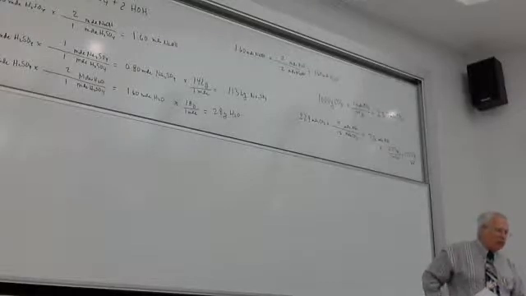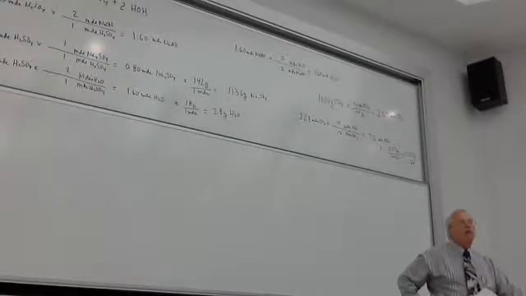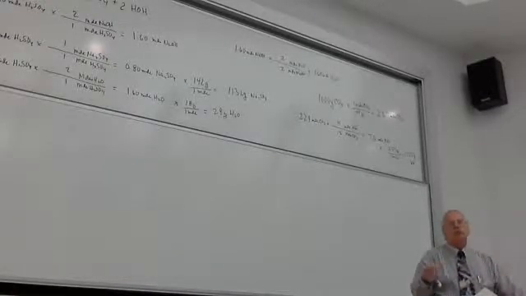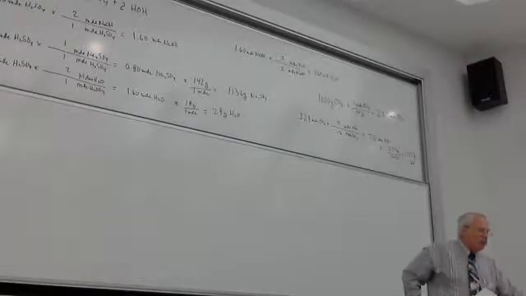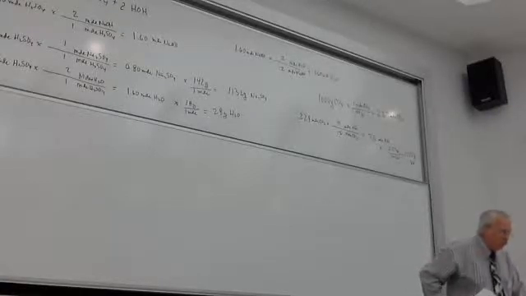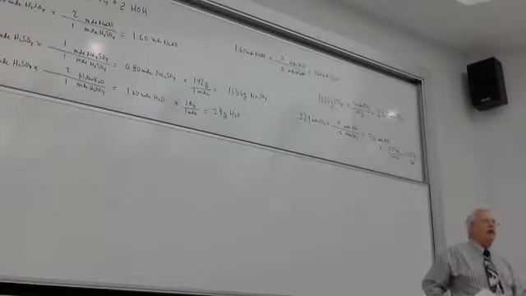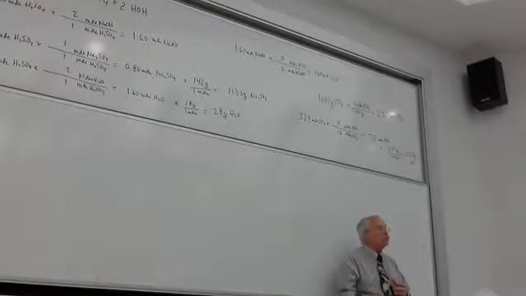So the first statement in our kinetic molecular theory is that matter is composed of tiny particles called either atoms or molecules, depending upon what substance we're dealing with. Second, the particles are in constant motion, and therefore they possess kinetic energy. When anything has motion associated with it, it possesses kinetic energy.